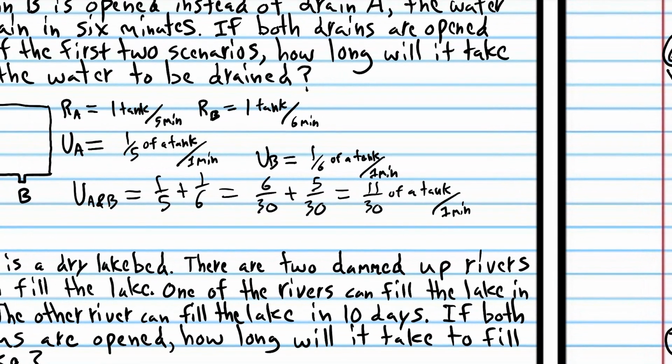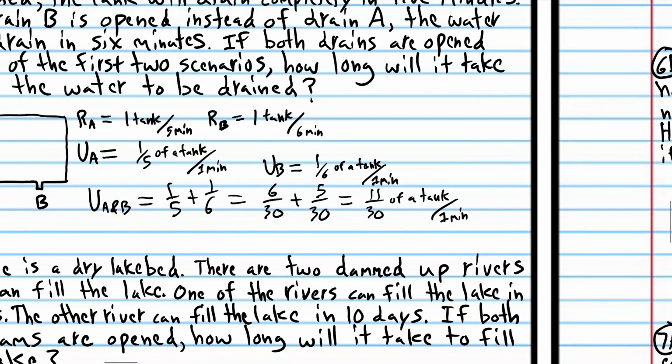The whole tank, if you divide it into 30 parts, would be 30 out of 30. That would be one whole tank. 11 out of 30 is 1 minute. Times it by 2, you get 22 out of 30. It would be 2 minutes. And of course, if you multiply by 3, you get 33 out of 30. That would be more than one tank. So it's got to be somewhere between 2 minutes and 3 minutes.